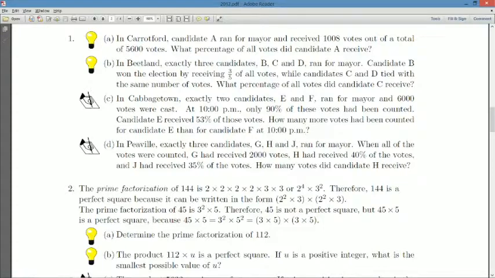Okay. So we know the total number of votes cast, and we're talking about 10 p.m., where exactly 90% of them had been counted. So we need to first figure out how many votes had been counted.